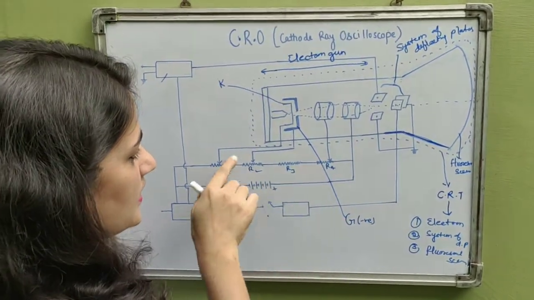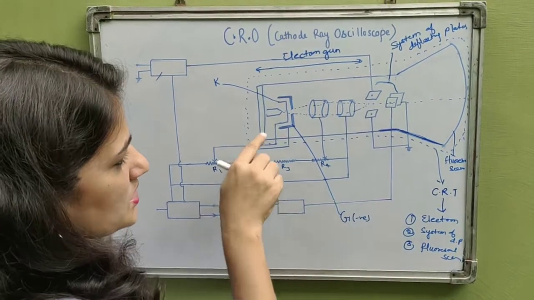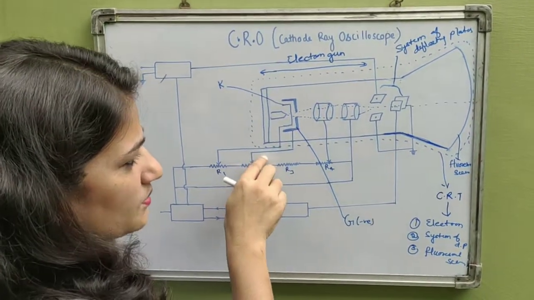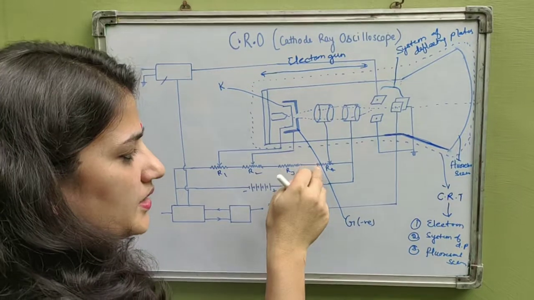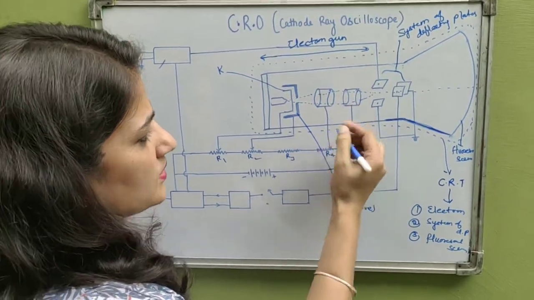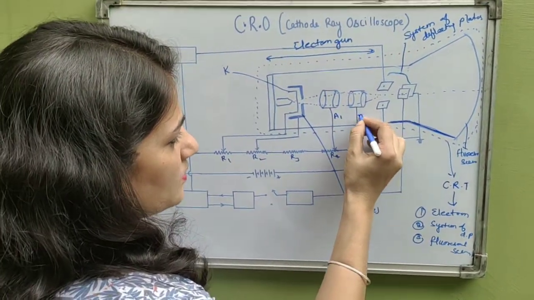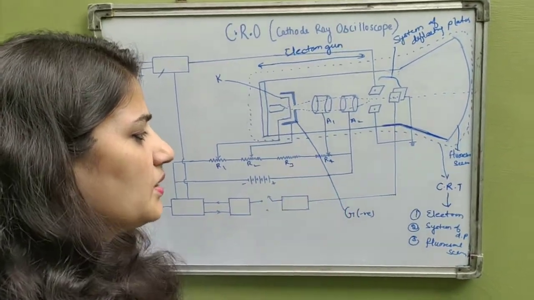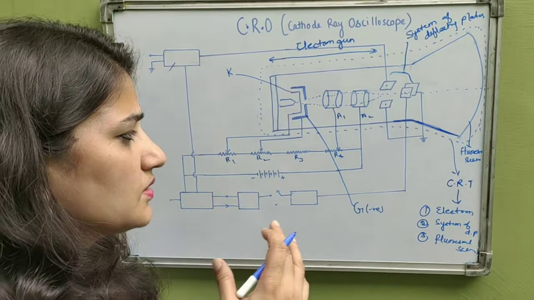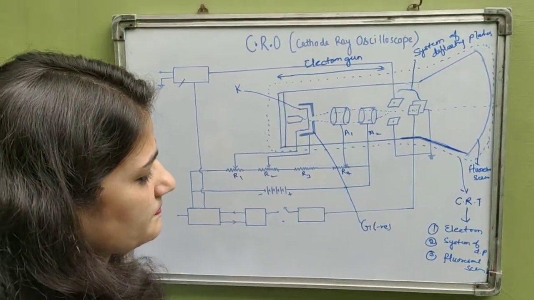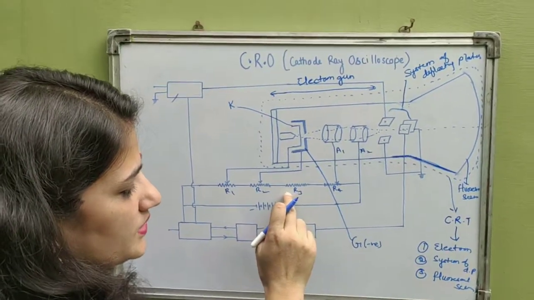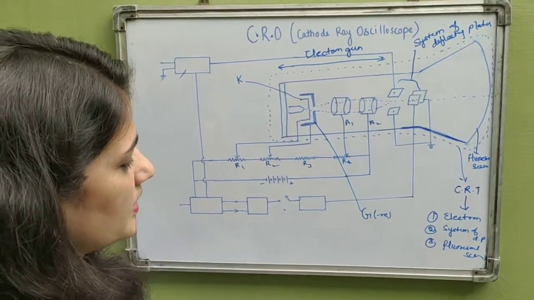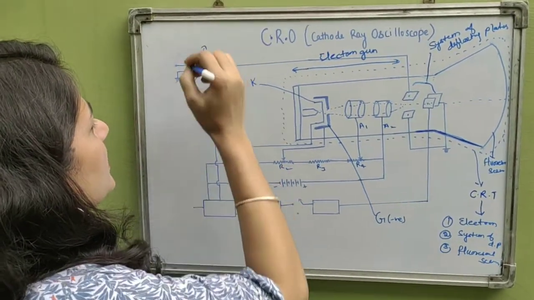By this we can see that the cathode is at lower potential, then the grid is at higher potential, the anode is at higher potential again, and the other anode, this is anode A1 and this is anode A2, is connected to the positive potential, which is the requirement for exact control and focusing of the electron beam.